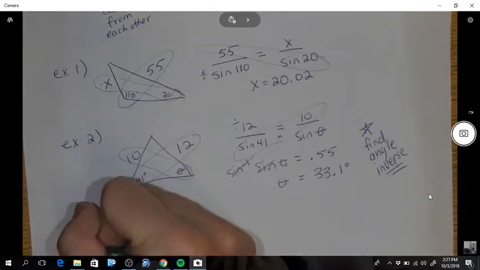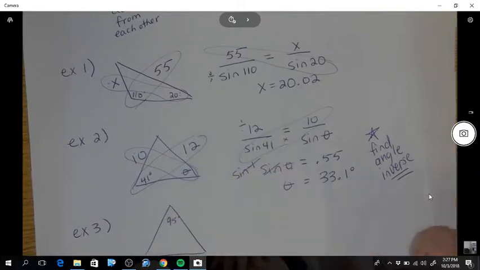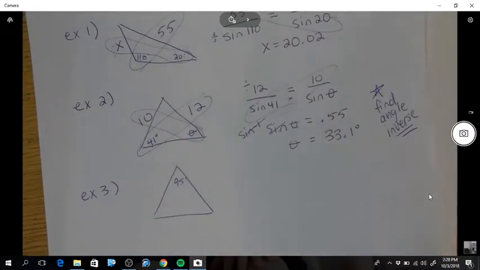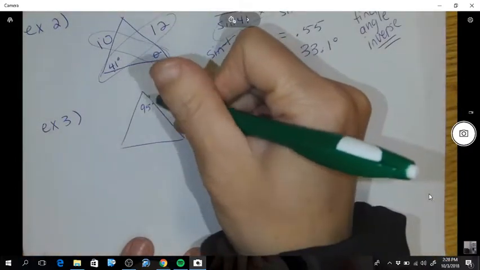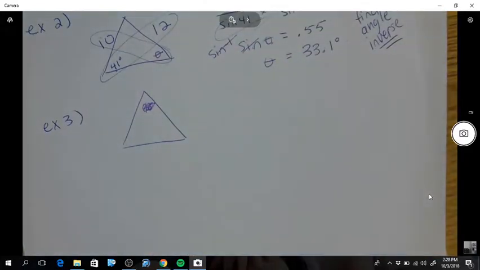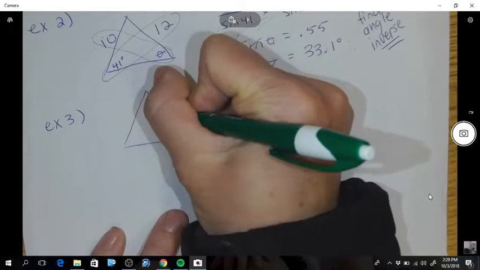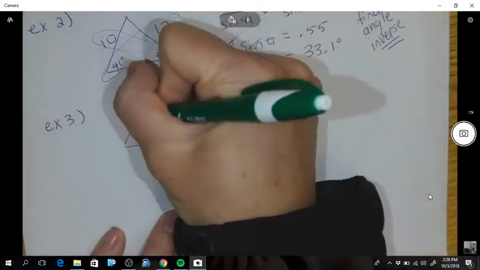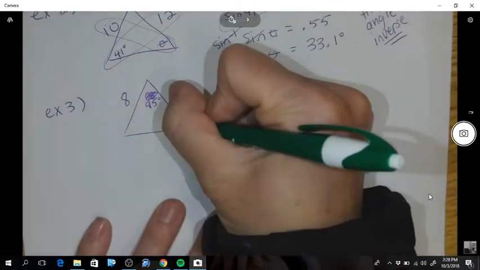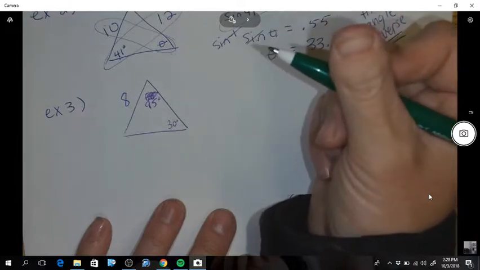Okay, example 3. 95 degrees. I'm going to give you 8 as a side length, 30 as an angle, and then find this.